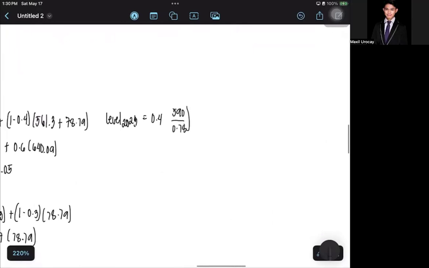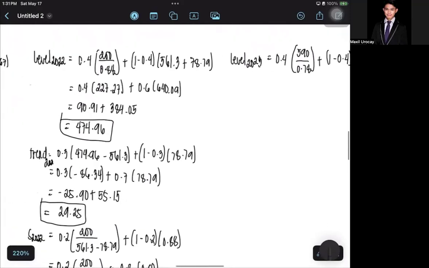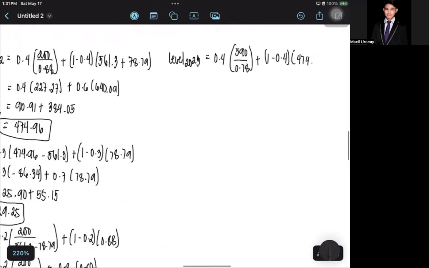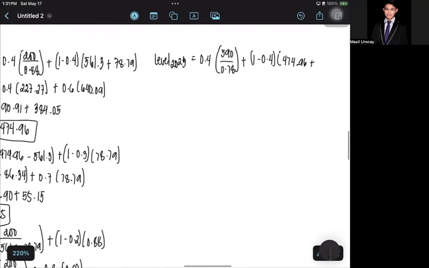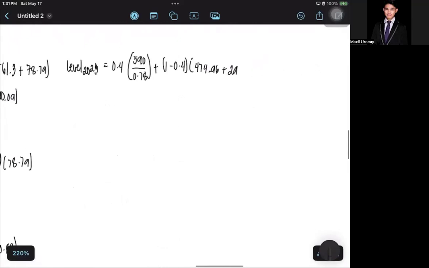Then plus the parameter, which is 1 minus 0.4, then multiply that into the previous level, which is 474.96, and you will add that to the previous trend, which is 29.25.